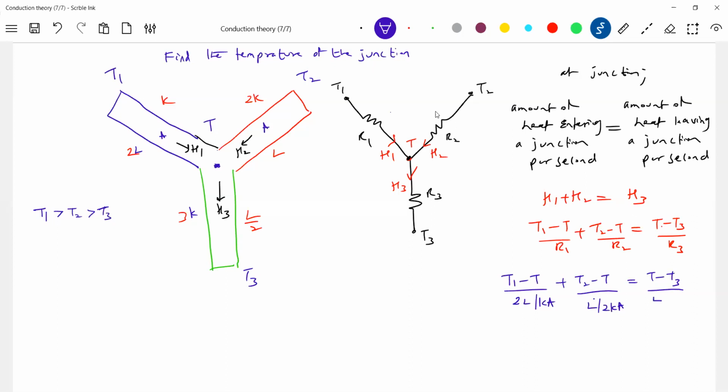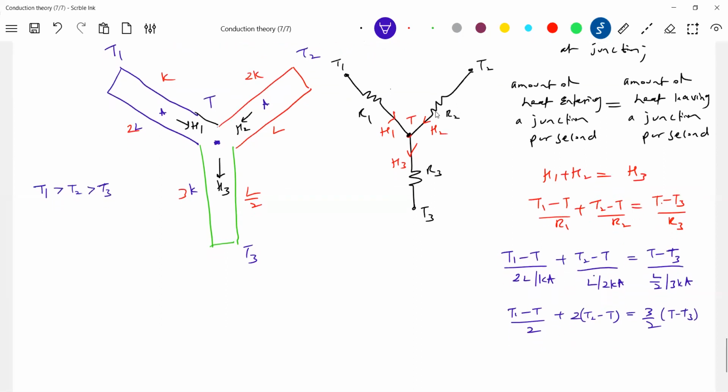R3 will be L by 2 by 3KA. L by KA gets eliminated. So this will be T1 minus T by 2, this will be 2, this will be 3 by 2. Solving this, we'll get the required answer.